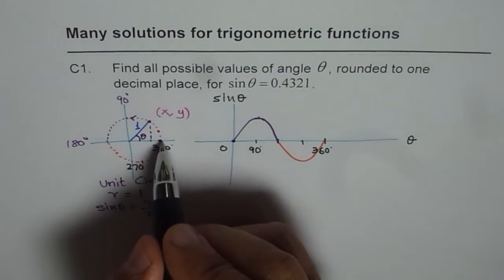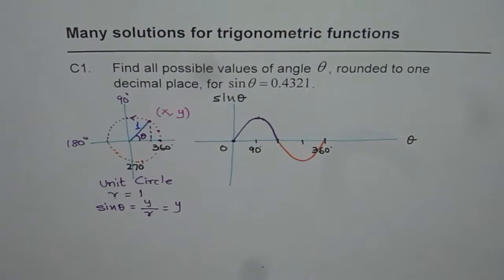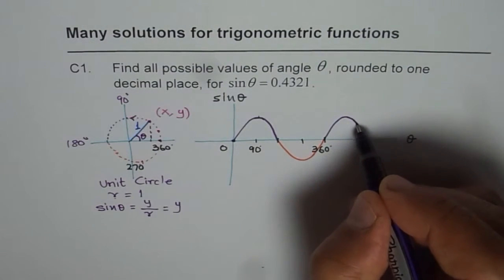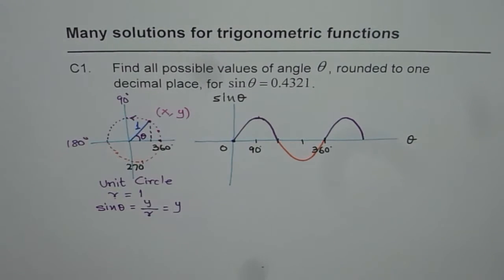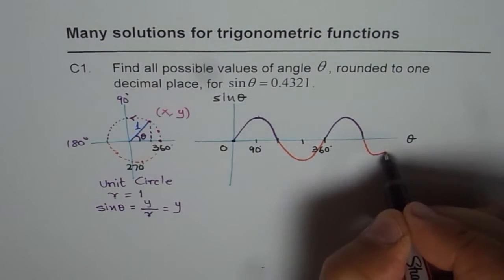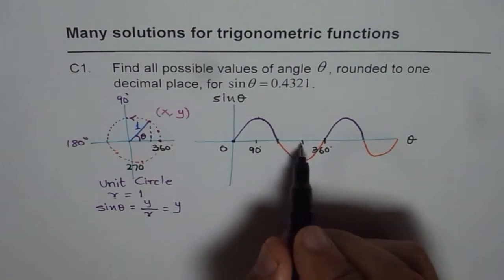Now if we move again, we repeat all these values. So the second cycle starts. Let me draw the second cycle. This is the positive one, and then as it crosses 180, it goes back like this, okay? So this time the angle increases, and it becomes 360 plus the previous angles.